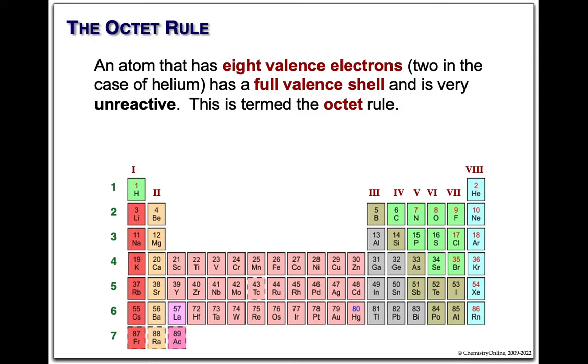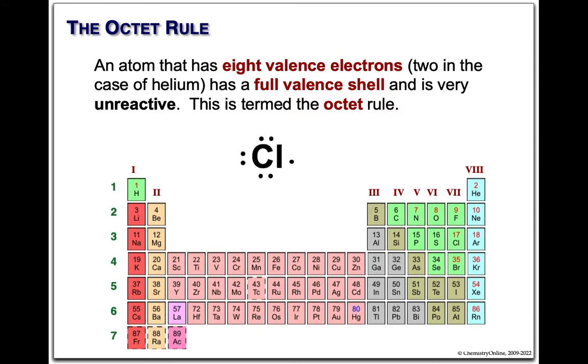Their shell is totally full. The unpaired electrons are what we use to make bonds. That's why these are very, very unreactive. They don't have unpaired electrons. So, the octet rule simply says you want to add or subtract electrons to your neutral atom in order to form an octet. Makes it very stable.